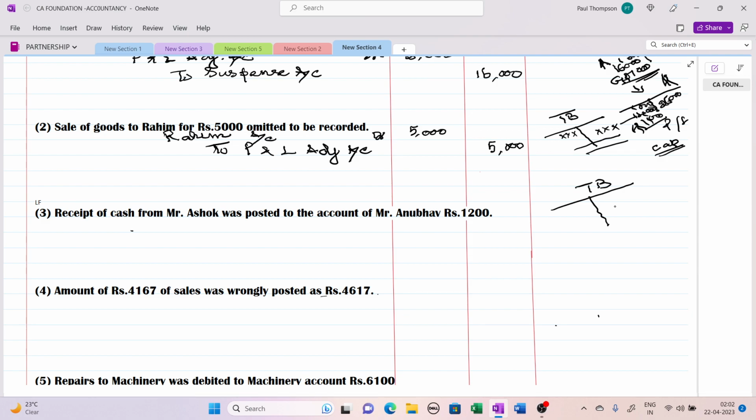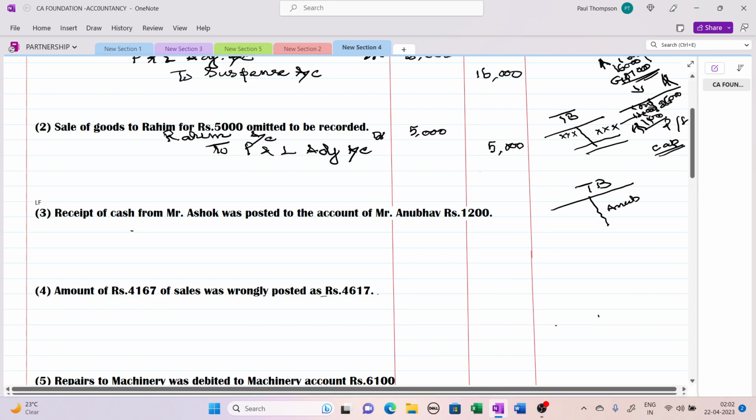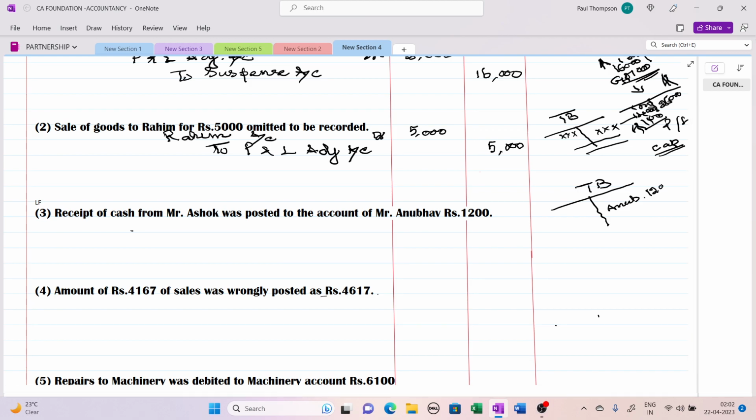So instead of crediting Ashok, I have credited Anubhav. In the Anubhav account, I have 1200 on the credit side. This is not going to make any difference whether I add Anubhav or Ashok or AZ. It doesn't matter. The total will match. So the trial balance will agree in this case, and I only have to change the names. So there is no problem.